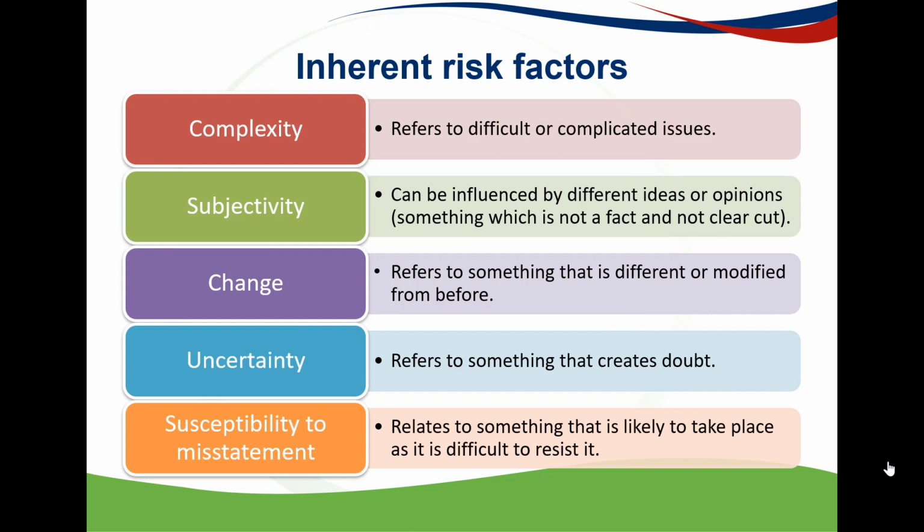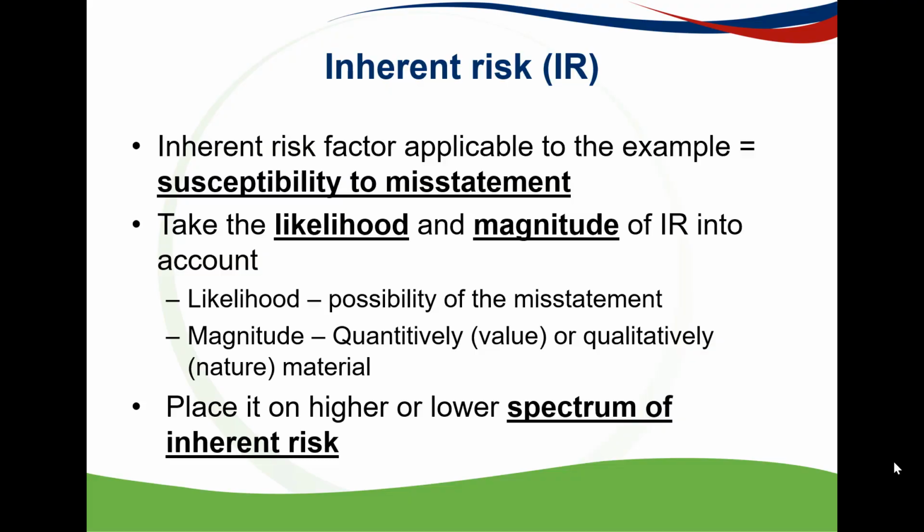So I really want to encourage you, refer to Appendix 2, as there are some nice examples and it will really assist you when you work through your scenario, when you identify your risks of material misstatement. So let's just think back to our example that we had.